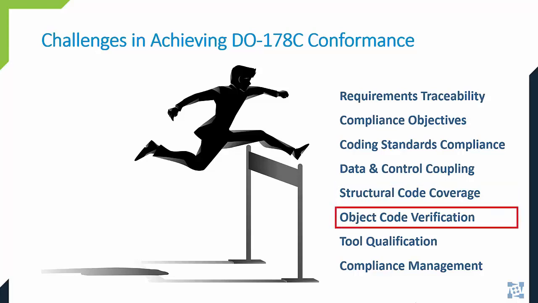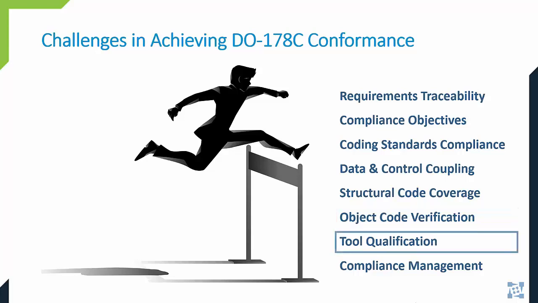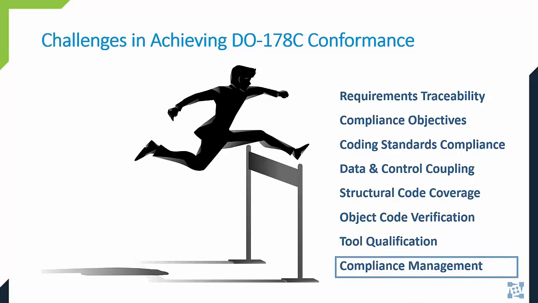And perform assembly code coverage if your DAL requires it. Use a tool that has a TÜV certification history, but most important, make sure that there is a tool qualification kit available for use on the development ecosystem that you have. Finally, have a compliance management plan, an expert DER that can help you through the certification process.